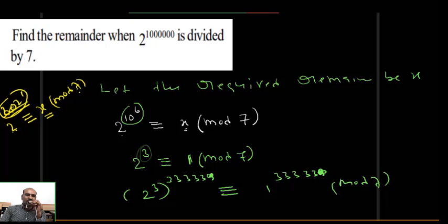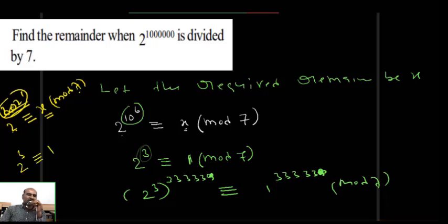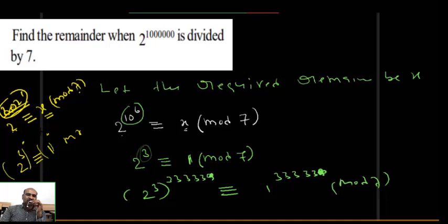So in this problem, I observed that 2 cube divided by 7 leaves remainder 1. That's why I used 2 cube is congruent to 1 modulo 7. After that comes the raising power concept, to raise the power so that the value is nearer to the required exponent. Like that, 2 cube is congruent to 1 modulo 7.